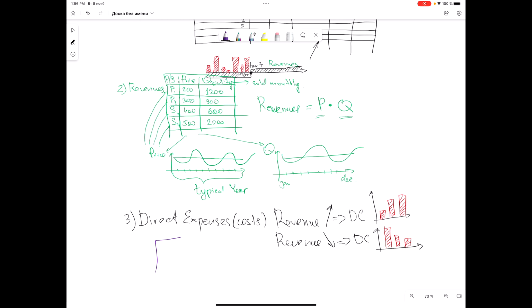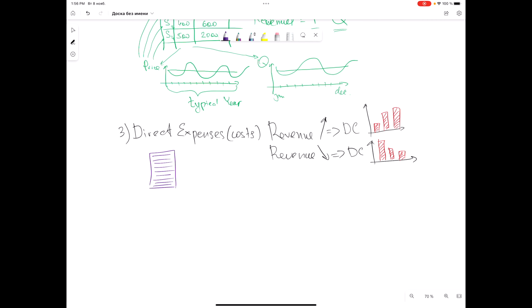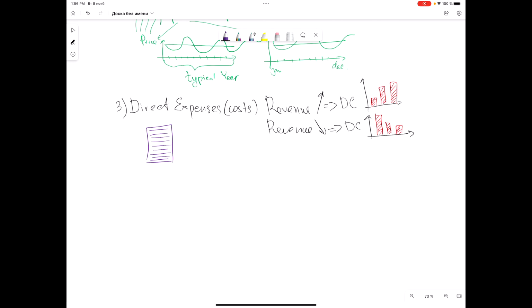So first of all, you need to create the list of these direct expenses. And if we are talking about direct expenses, we can't calculate their amount as dollars per month. We are not calculating like this.